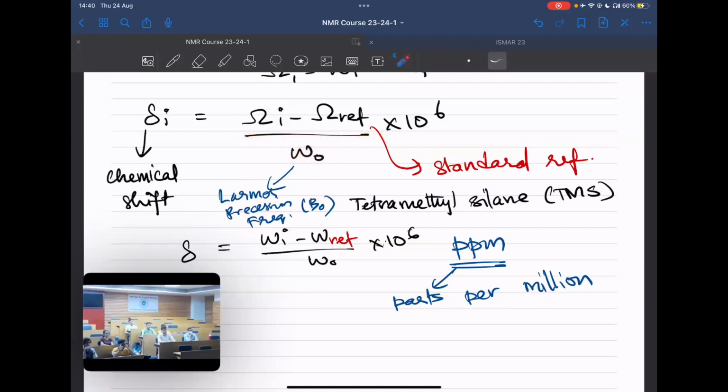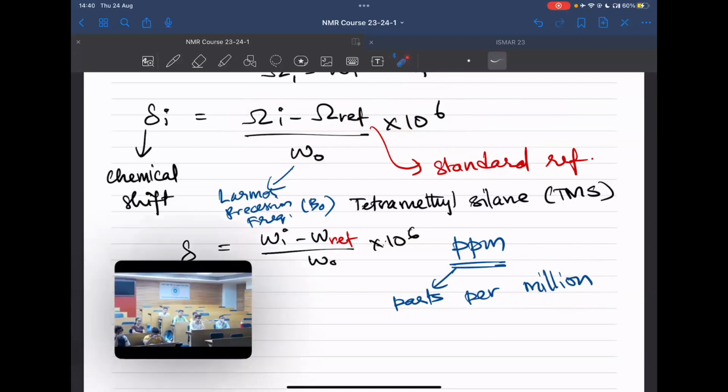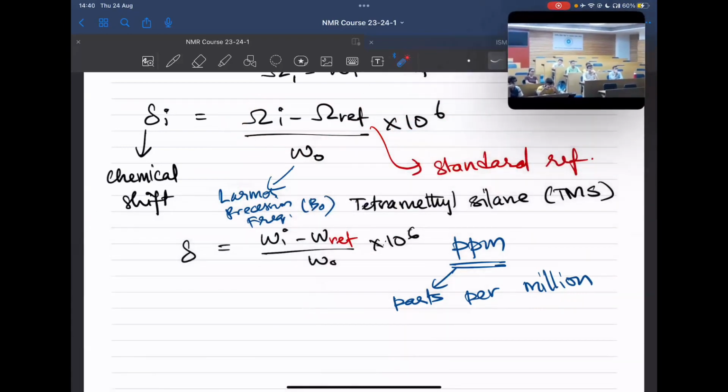So you're going to have a small number divided by a number that has 10 power 6 on top of it. This is going to be trouble, where you're going to get numbers that are really small. So due to this, 10 power 6 is multiplied, which is where the million comes from. That's an important aspect we should keep in mind.